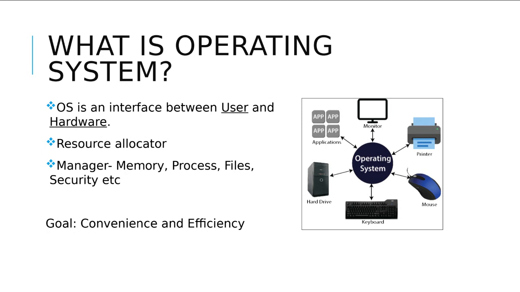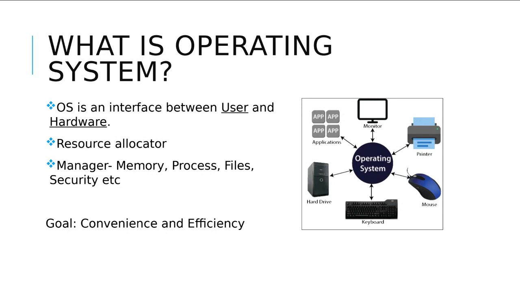For that we need to transfer our programs from hard drive to main memory and then main memory to your processor. So these transfers of programs, these executions, scheduling, everything is managed by your operating system, and that is why it is called a manager of memory, manager of processes, manager of files, manager of security, etc.